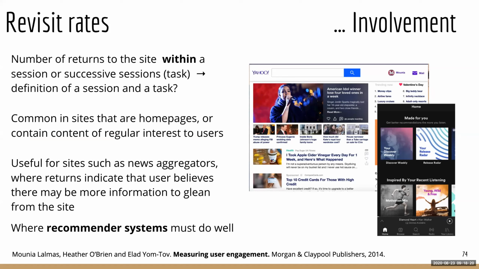As I said, commonly cited at the home page or on content of regular interest to user. News aggregator are one of those, and so on. This is where recommender system come into account, because you just come back and you expect, okay, where do I go next? Revisit rate is a good way to look at this notion of engagement.